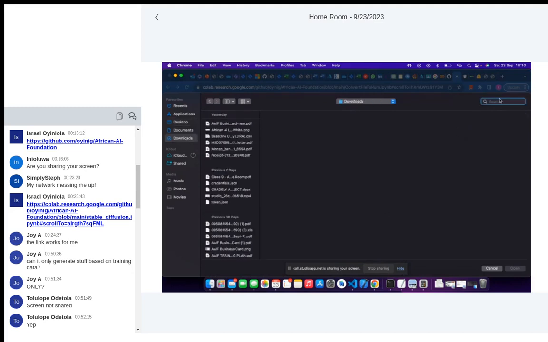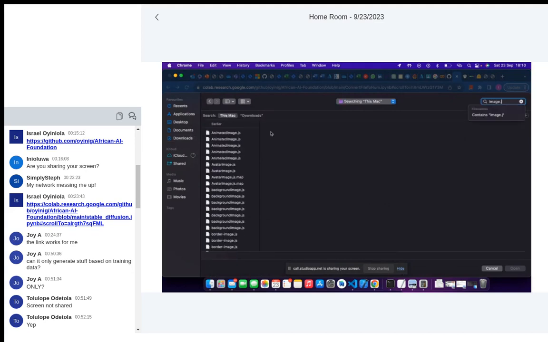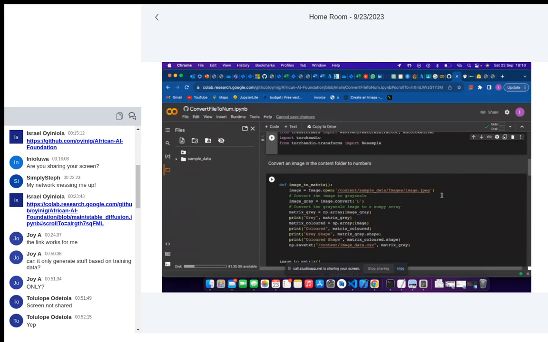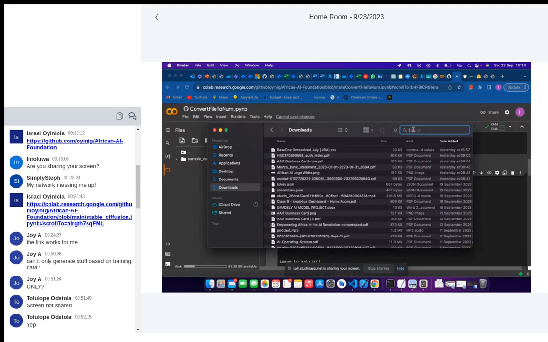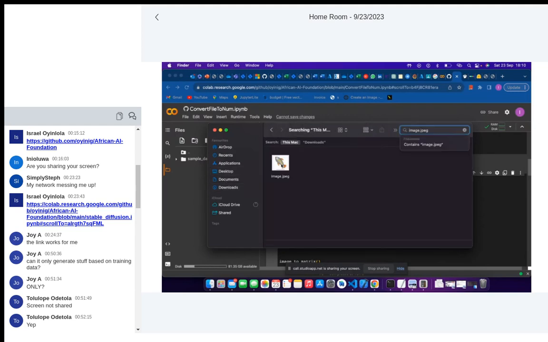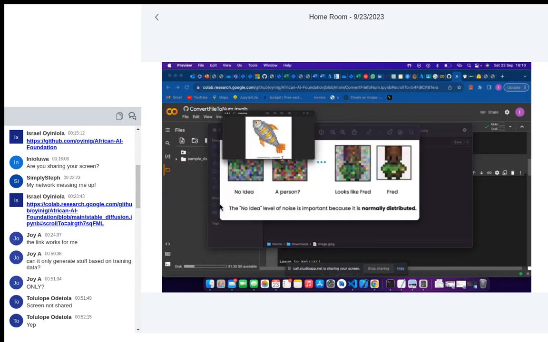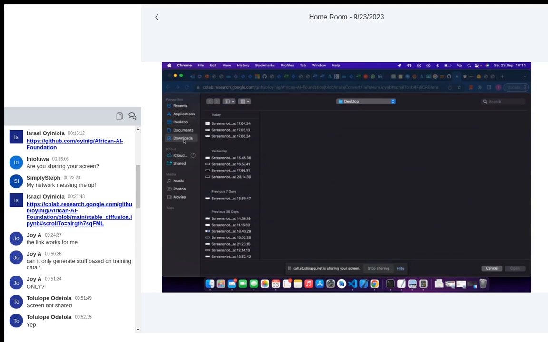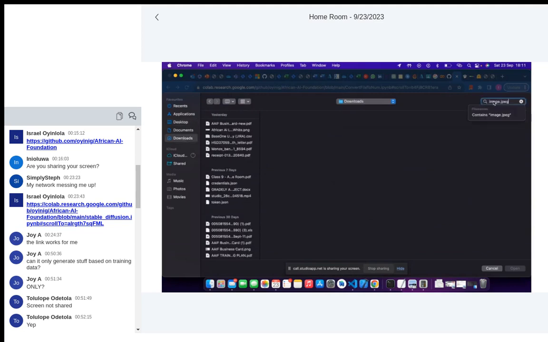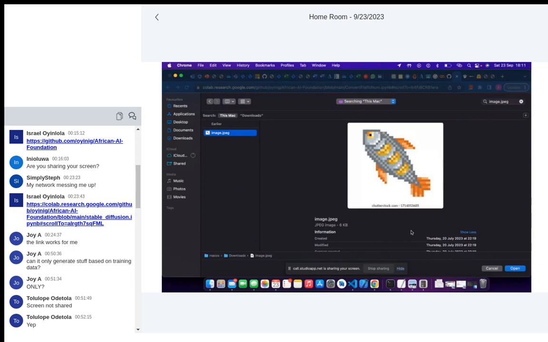I think it's image.jpg. Do I have anything like that? I think I should have something like this on my local computer. Okay, so I have an image of a fish here. Let me select that and upload. Okay, so I want to upload this fish.